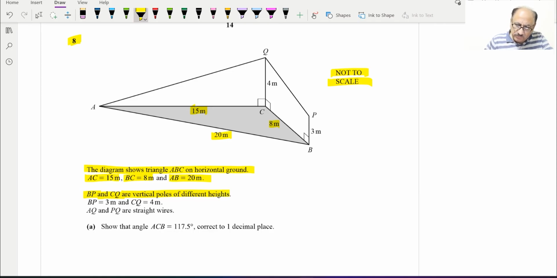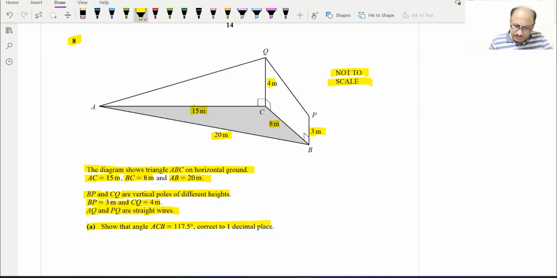So vertical poles making an angle of 90 degrees. This is 3 meters, this is 4 meters. So BP is equal to 3 and CQ is equal to 4 meters. AQ and PQ are straight wires. So these are straight wires.